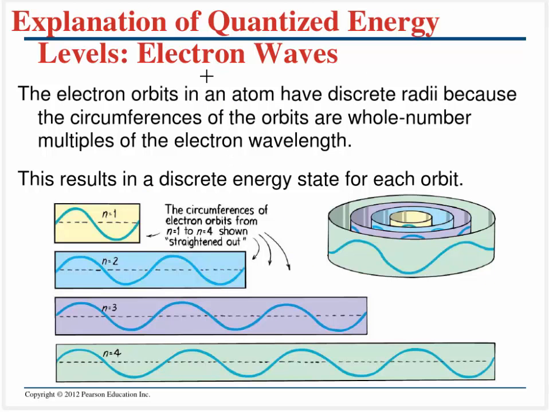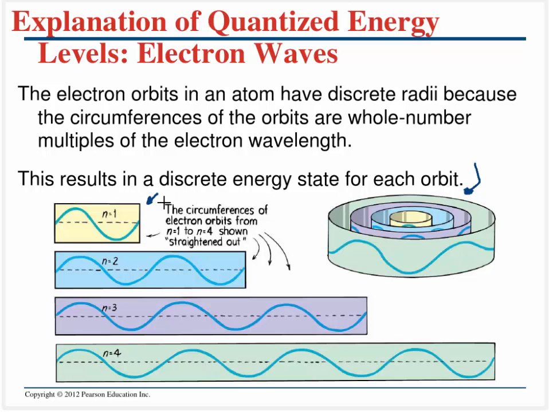So I do want to come back to the quantized energy levels very briefly. You could convince yourself that if you recognize that you need to have integral multiples of wavelength on your circumference, you could take your atom right over here and say that you're going to have waves and unwrap them.